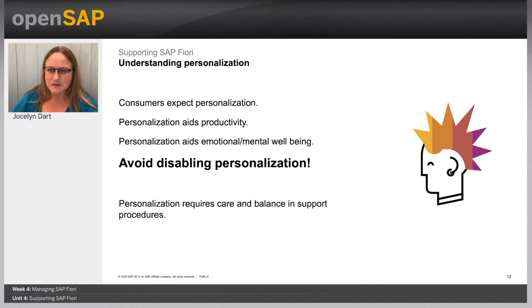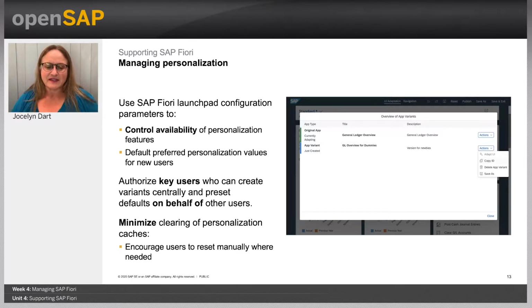So it is a little bit more extra work for you as a support person to work through your support procedures. But remember, there may be like 20 people in your support organization. There's probably thousands of your users. Do the right thing by them, and think about your support procedures, but make sure that people can use that personalization that really does lift their user experience to another level.